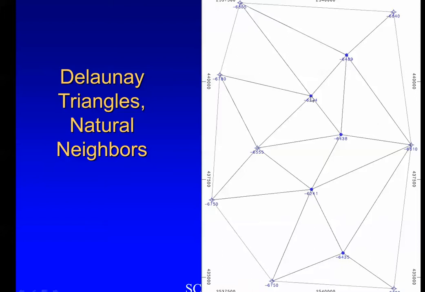Fortunately, once we've triangulated, we know who the neighbors of each data point are because they are the points that are connected to a data point by lines. We set up at each data point and we determine a slope at the data point based on the neighbors of that data point. And we do that for all data points. And notice that points on the convex hull of the data have no neighbors outside, only neighbors inside, so extrapolation is somewhat risky.